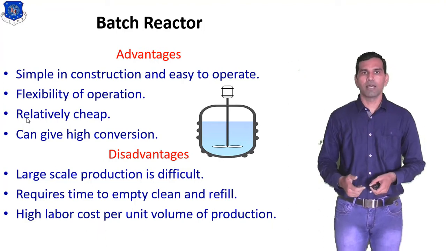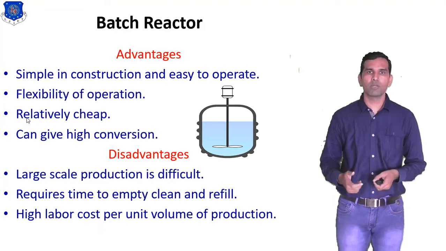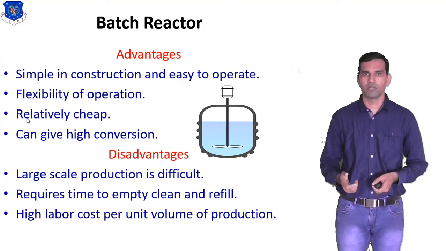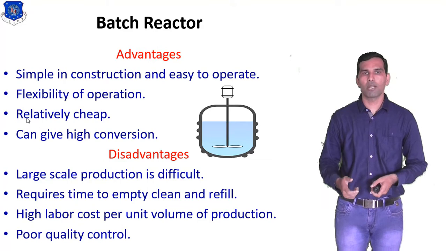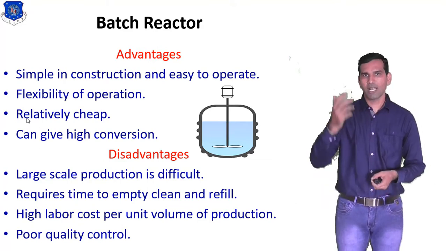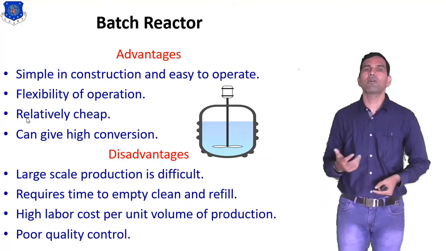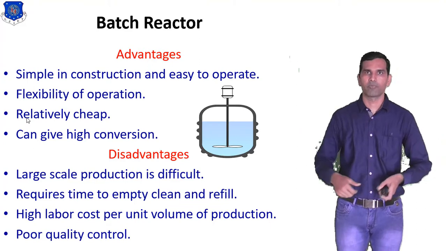Next is high labor cost per unit volume of production. And last disadvantage is poor quality control. So these are the advantages and disadvantages of the batch reactor.